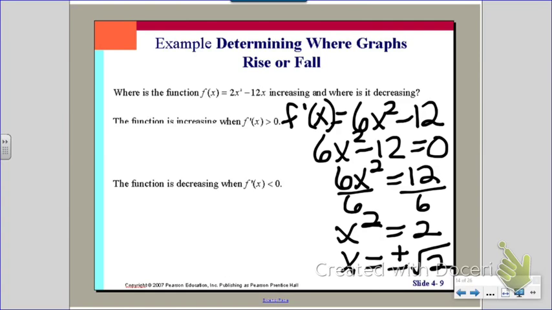So our interval is going to be divided up into negative infinity to negative square root of 2, negative square root of 2 up to positive square root of 2, and then positive square root of 2 up to infinity. We'll eventually look at using sign charts, so we can discover what happens to the function as we describe the behavior of the derivative.